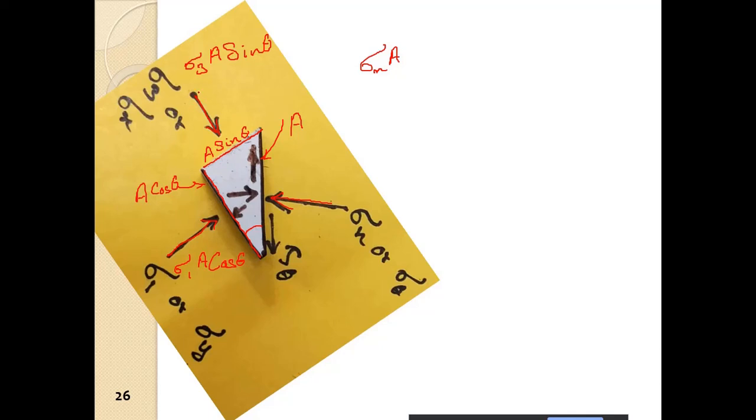This force we have to again resolve into two components, one component in this direction, one component in this direction. So this component will be added up in this one, because this is the summation of fx.